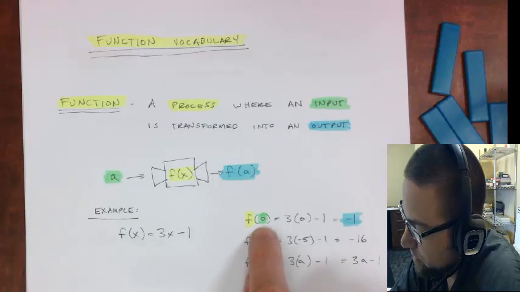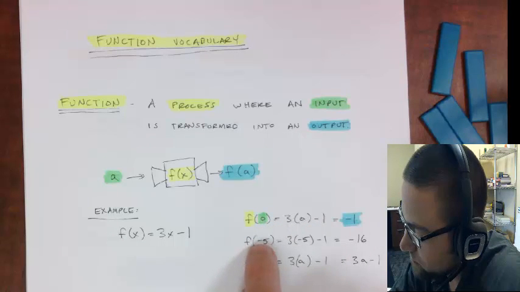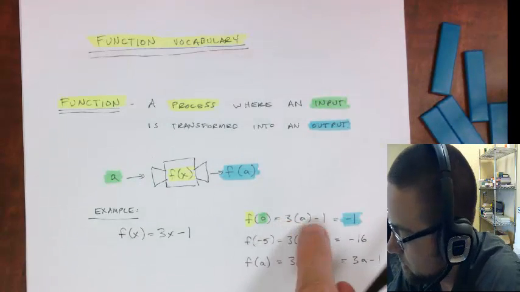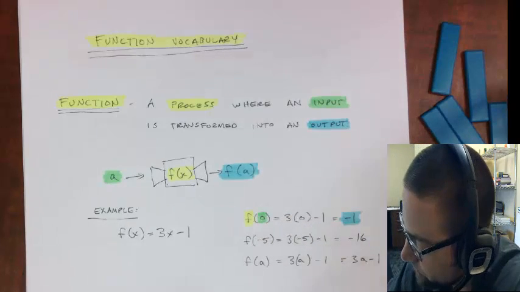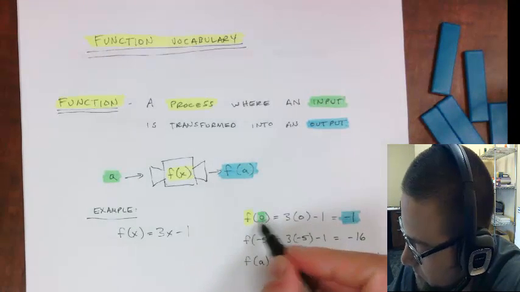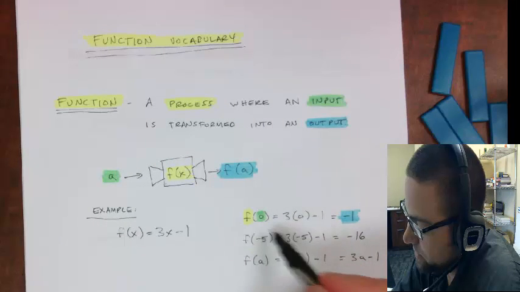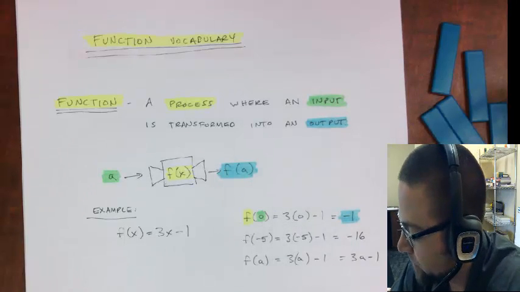So f of 0 is equal to 3 times 0 minus 1. Oh, and I wrote down the wrong answer. 3 times 0 is 0, minus 1 would be negative 1. So this is the input, 0, and this is the output, negative 1. The process it goes through is 3 times some number minus 1.